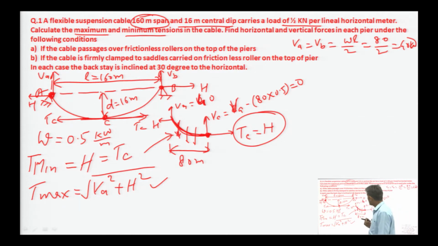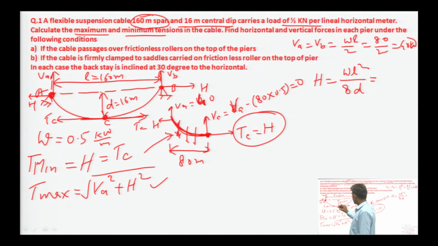So, in this case, what is the value of H? The value of H is W L square upon 8D. W is known to you, L is known to you, D is known to you, then H can be calculated. That can be calculated by applying moment at point C equal to 0 for the left hand part.